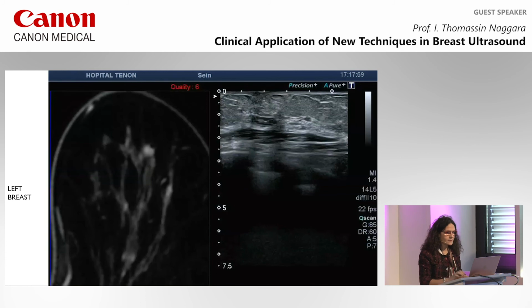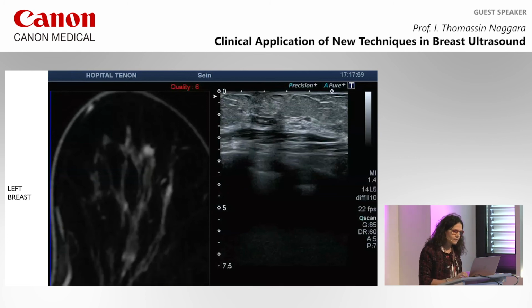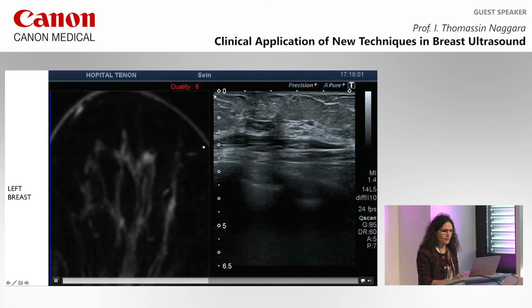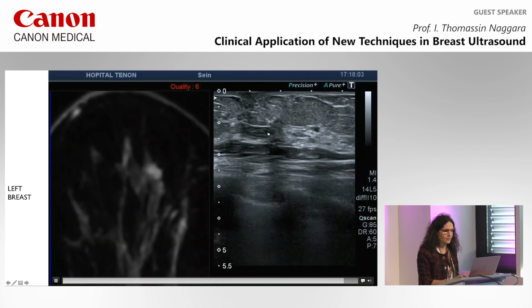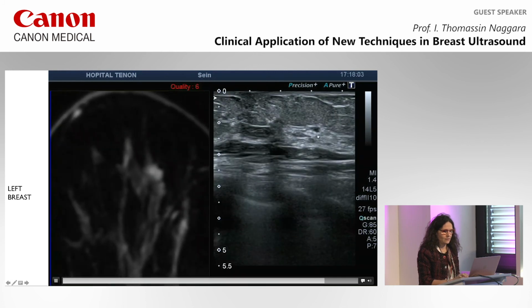On the left breast, you remember, there was a detection of a mass in the opposite breast, in this context of lobular carcinoma. We must be very careful with this type of lesion. Also, here with the fusion, you have the lesion there, and here that corresponds to this lesion.